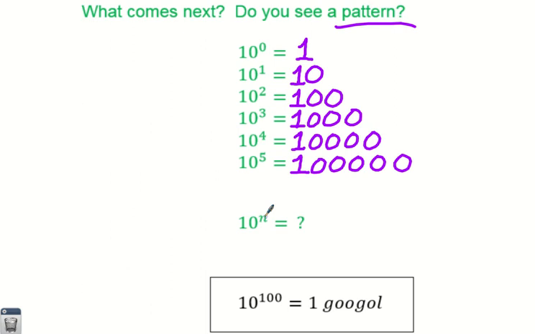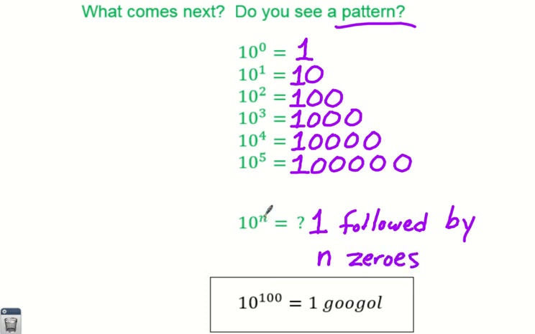Hopefully you're thinking that whatever this n is, it would be a 1 followed by n zeros. So it would be that many zeros following the 1.